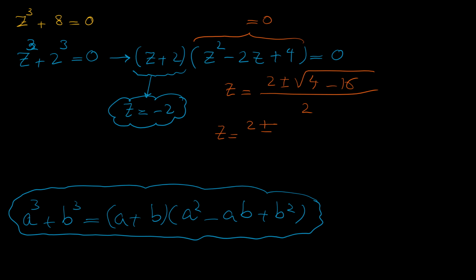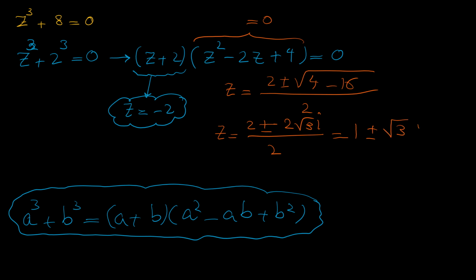In this video, we have seen radical negative 12 several times. Radical negative 12 is basically radical 12 times radical negative 1, and radical 12 is 2 radical 3. So this is plus minus 2 radical 3 i divided by 2. So z equals 1 plus minus radical 3 i.